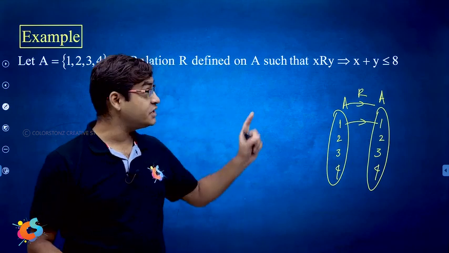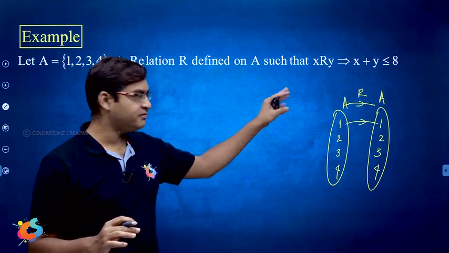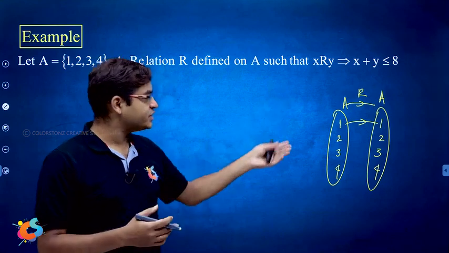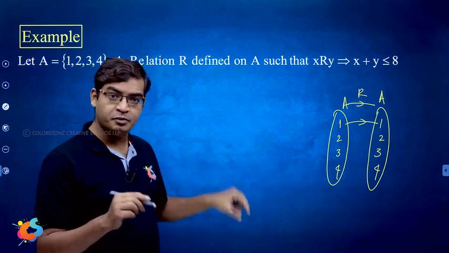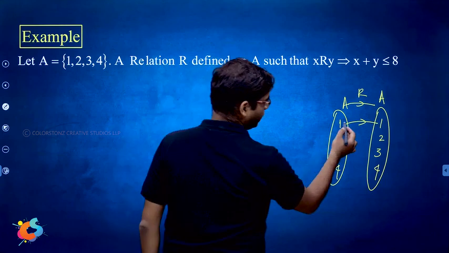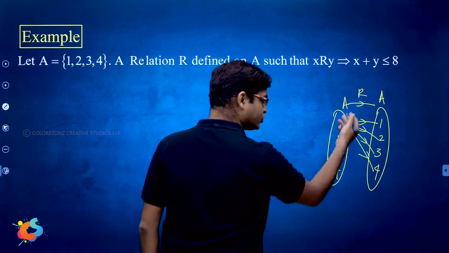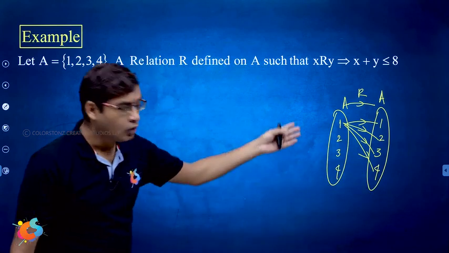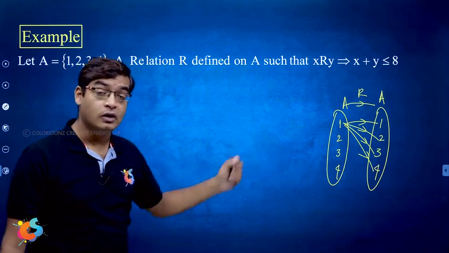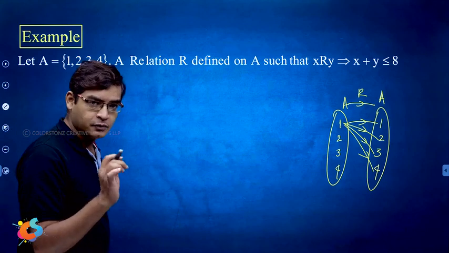Just a difference in the condition, because of which our ordered pairs also will change accordingly. So I can map 1 to 2, 1 to 3, 1 to 4 and so on. You can map 2 to all of the elements of A, 3 to all of the elements of A, 4 to all of the elements of A. In all of them, the sum will be less than or equal to 8.